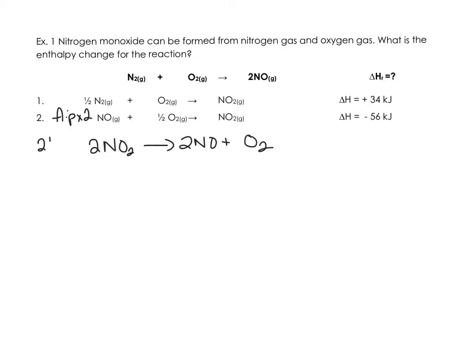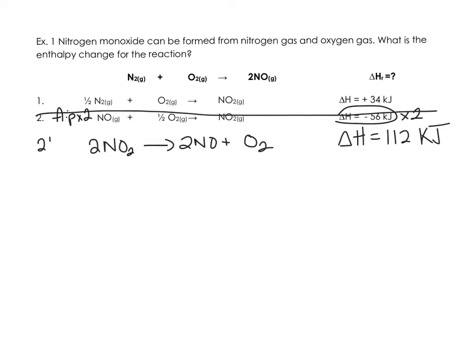What you do to the chemical equation, you also have to do to the enthalpy term. So we're going to times this by 2 and flip it. If we flip it, that means the opposite reaction is taking place, so the enthalpy change changes in sign. So it's going to be plus 56 times 2. So delta H will be 112 kilojoules now for equation number 2.